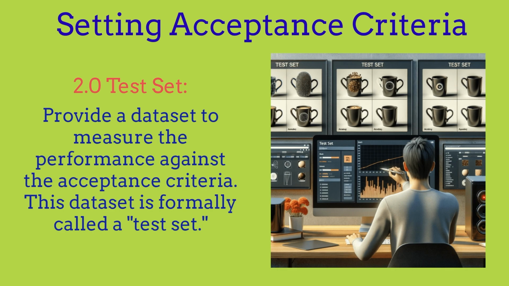If we said we wanted 95%, and once we provide our test set the model does get 95%, then we know that we trained the model well and we don't need more data. But let's just say we wanted 95%, and our model was giving 80% instead. Then we know we need to train our model with even more data. So this is why you should set an acceptance criteria.